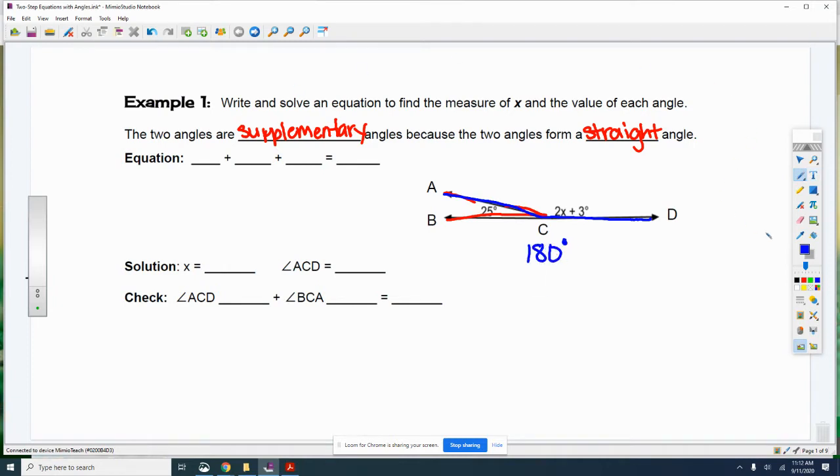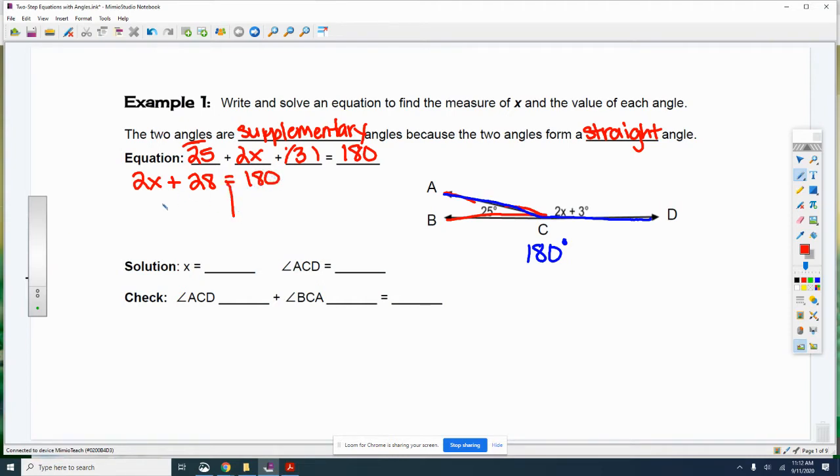Okay? So we have 25 plus my 2x plus 3 is going to give me 180 degrees. So like we did last week, we have to combine our like terms. So I have 2x's, and then I have a 25 plus 3, which gives me 28, and it has to equal 180 degrees.